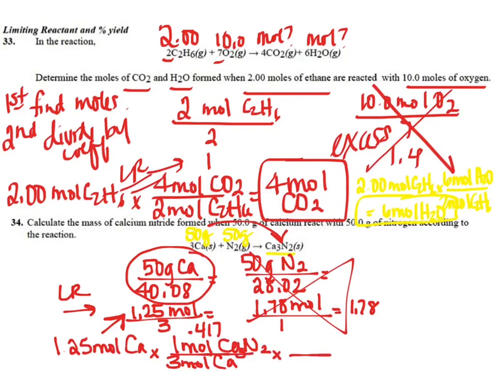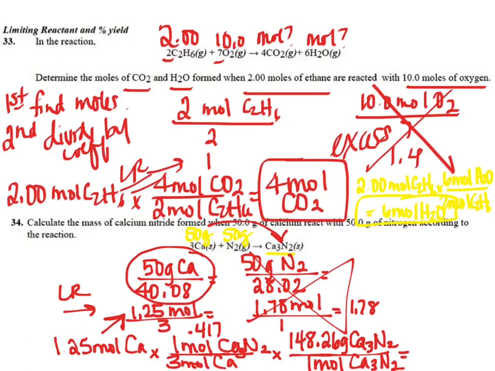And it wants to know the mass, so now we need the molar mass. 148.26 grams for Ca3N2, and that is in 1 mole. So do the math.